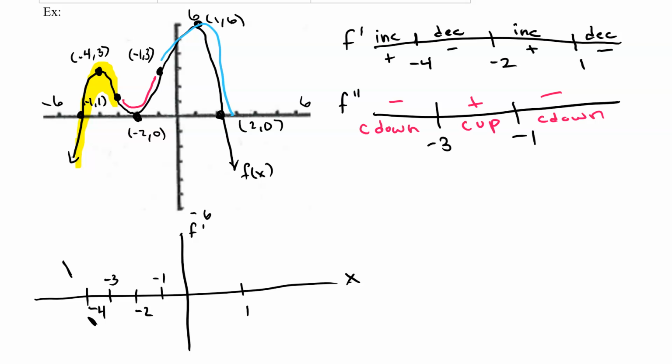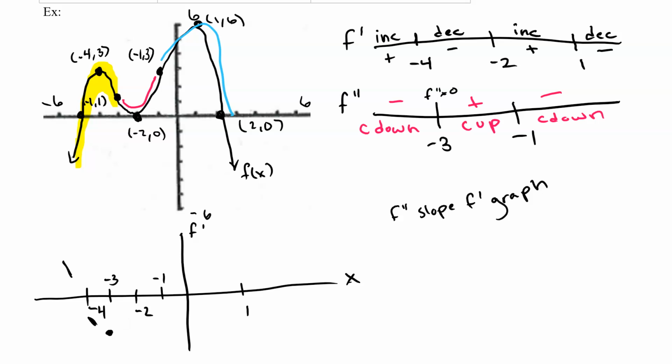We switch from concave down to concave up. So this is where our second derivative equals 0. We're thinking about our second derivative as the slope of our first derivative graph. So we've got a slope of 0 here, and it switches to concave up until -1. So we go back to increasing.